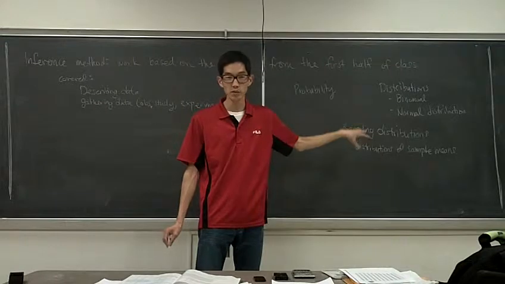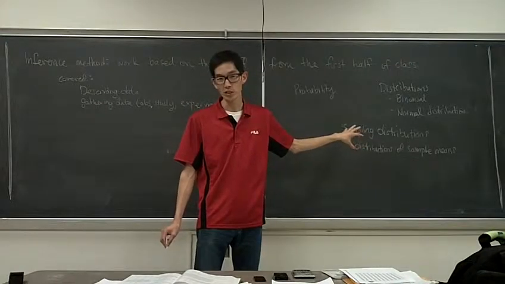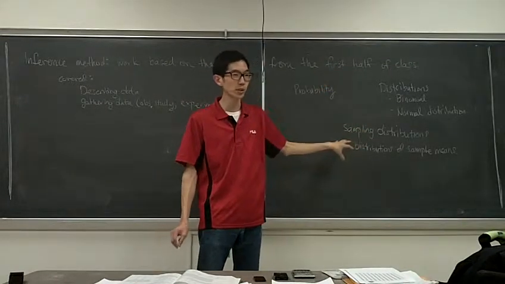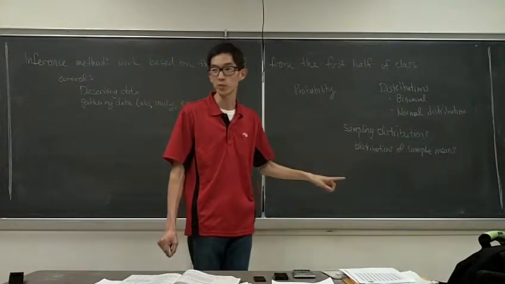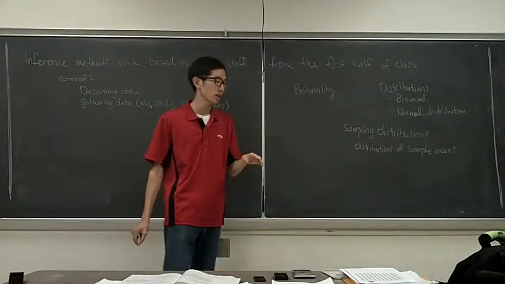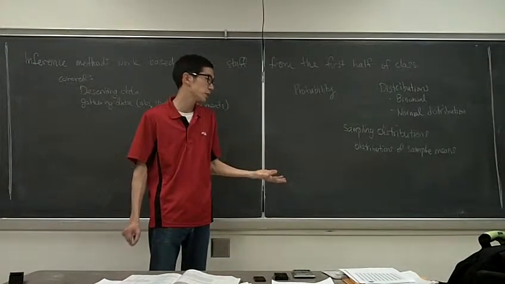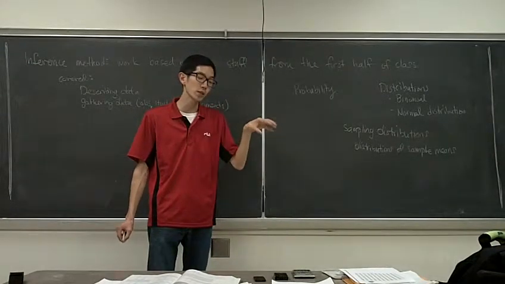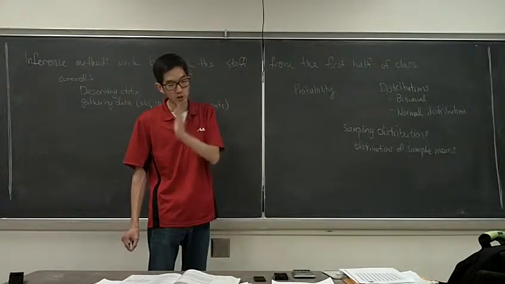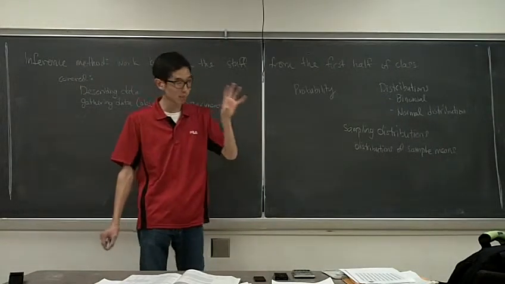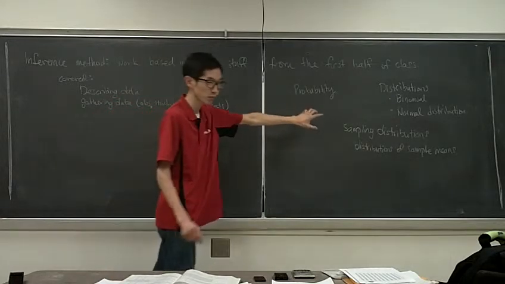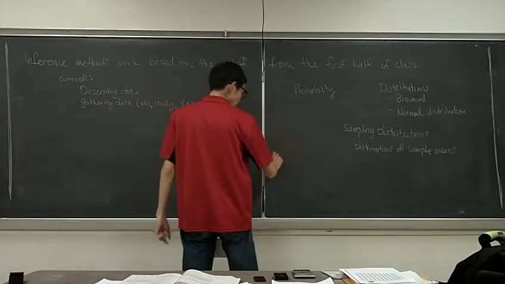The thing that we understand from sampling distributions is that when I take a large sample, the mean of that sample follows the normal distribution, which tells us that this mean of the sample will not stray too far from the population mean. That's the key piece that we took from the sampling distribution.